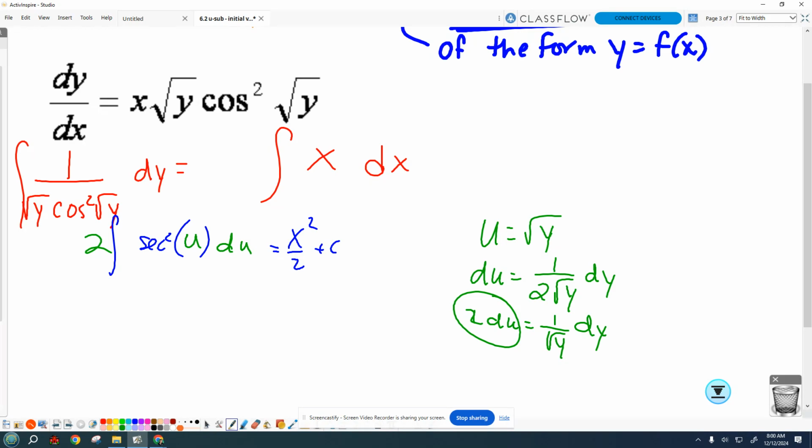So you gotta integrate, the integral is secant squared. Whose derivative is secant squared? Tangent. 2 tangent of u, well, I'm gonna put that back in.